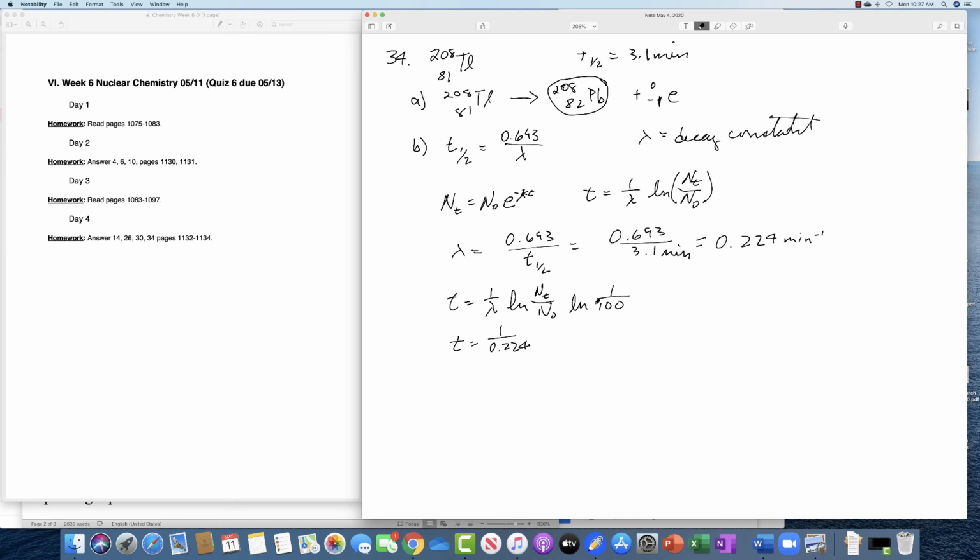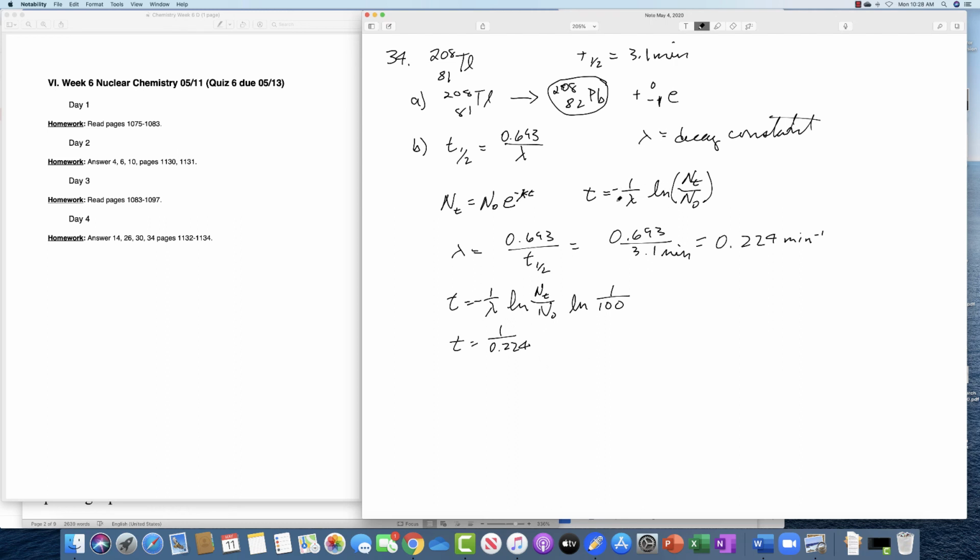And if you get your calculator out, that's actually not hard to find. So 1 over 100 is 0.01, and you can see it there on my calculator. It says log to the base e, and on some calculators it says ln, which is the same thing. And I forgot the minus sign here, I'm sorry to say. This is a minus sign.